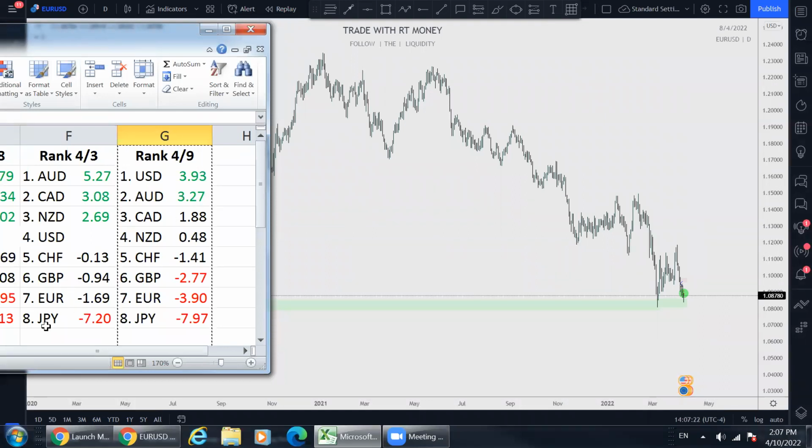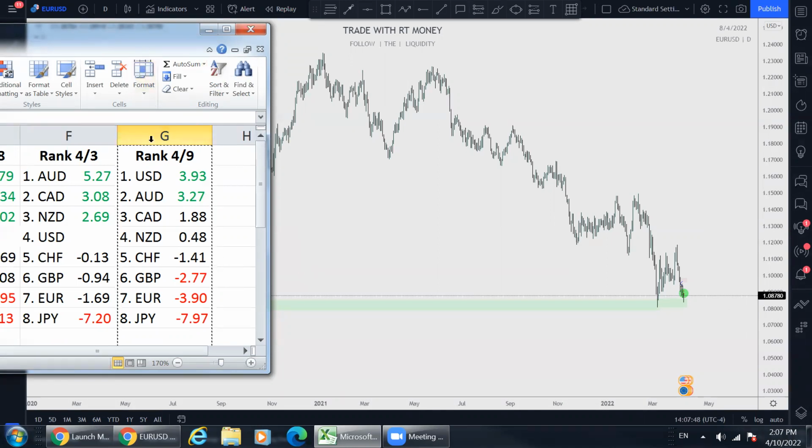Down at the bottom, we can see the euro has gotten even weaker from 1.69 to minus 3.90, and the yen continues to be weak, consistently weak over quite a few weeks. The rankings are based on the rate of change within 15 weeks of time, and this is where we are.